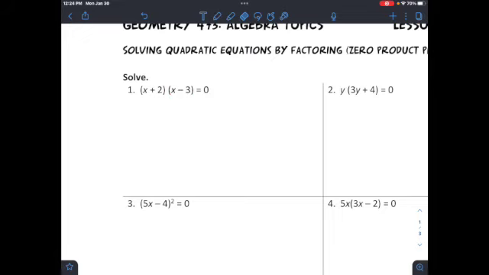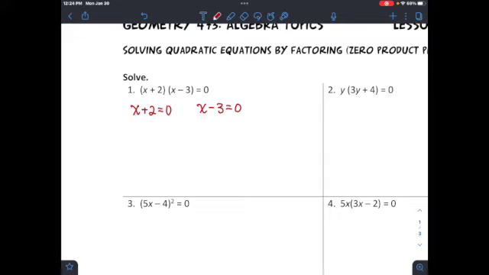So in this case, our goal is to find the number that can make the first parenthesis equal 0 or the second parenthesis equal 0. To do that, what we're going to do is really basic. We say x plus 2 is going to equal 0, and x minus 3 equals 0.